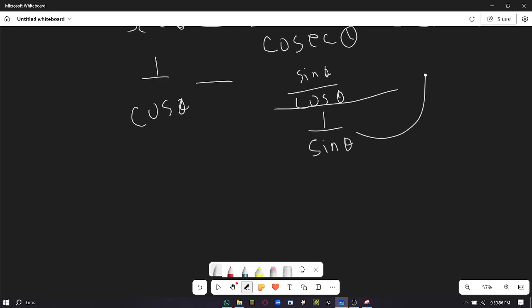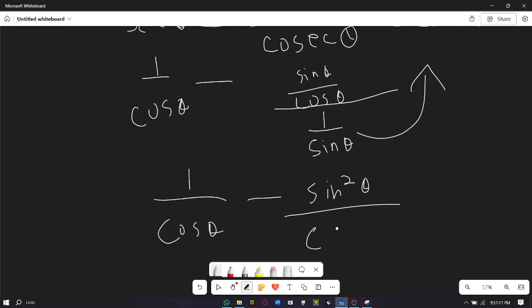Now this will go on top and become a reciprocal. So 1 minus sine squared theta over cosine theta.